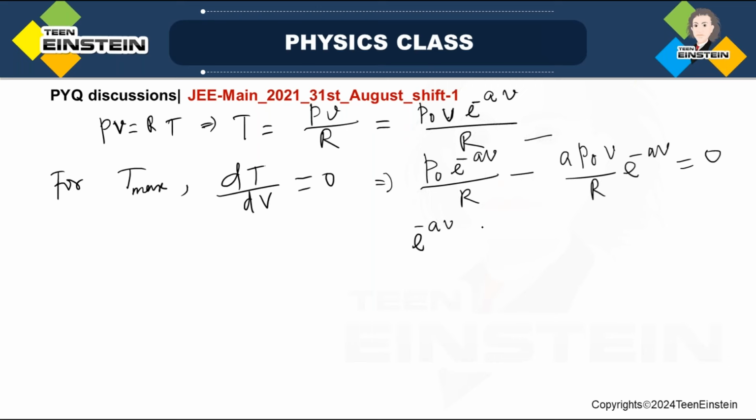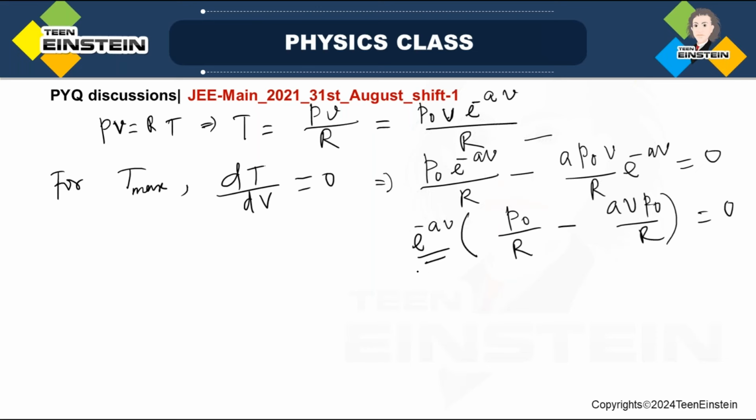If I take e to the power minus A V common, I have got P0 by R minus A V P0 by R. This is equal to 0.